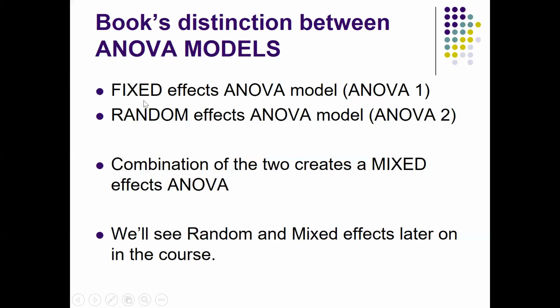For what we do from chapter 16 to chapter 24, we're living in the fixed effects world, or what the book refers to as ANOVA 1. I'll give you a little flavor of ANOVA 2 within chapter 16, even some of the other chapters, but we'll really get into the full modeling structure of this random effects component in chapters 25 and 27.